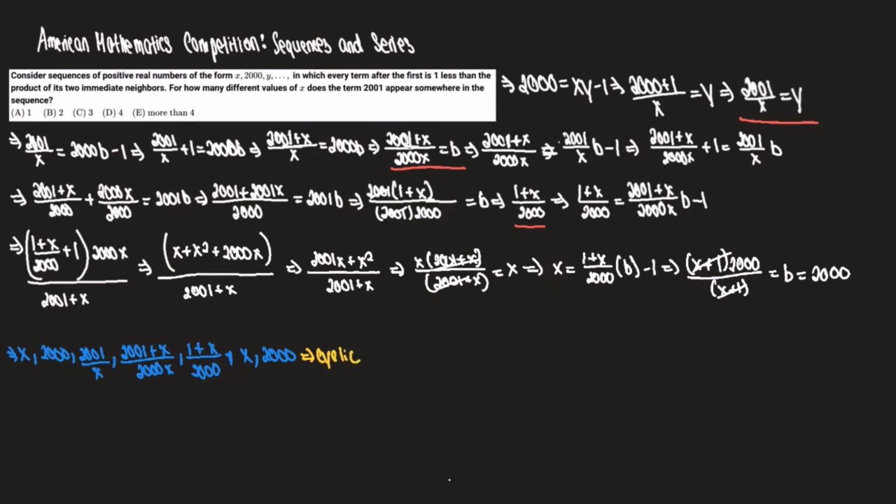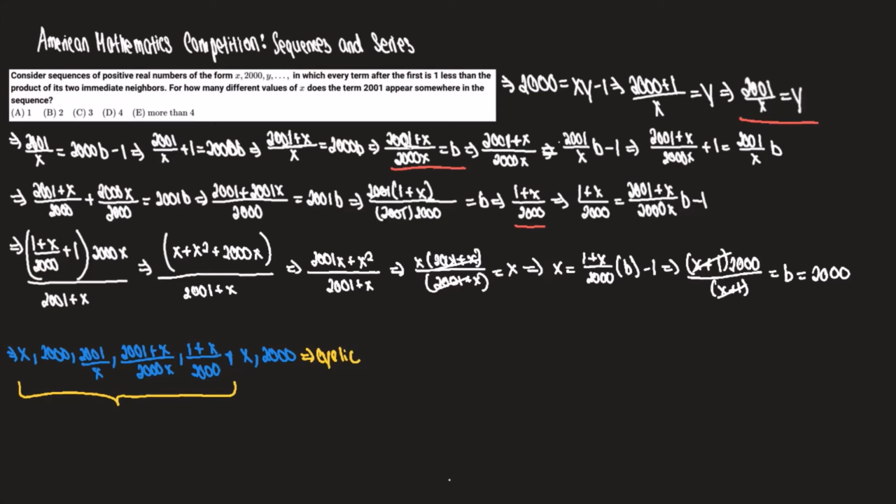Alright. So in the original series, before it starts to repeat, these are the terms that we have to consider. How many of these terms contain 2001 in the sequence?